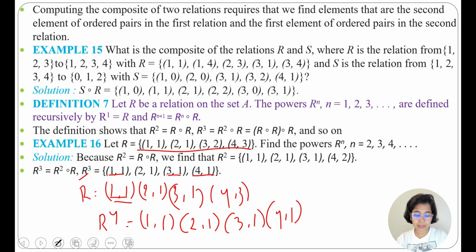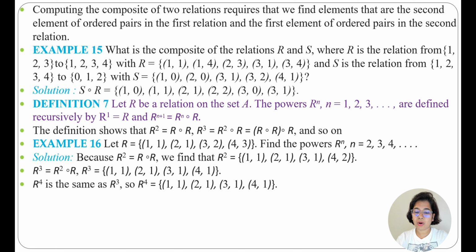So after this, if we find R^5, R^6, R^7, all will be the same as R^3. After this, all are equivalent to R^3. R^n equals R^3 for n equals 4, 5, 6, 7, and so on.